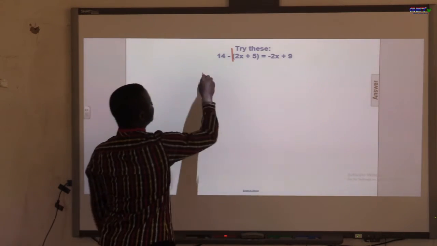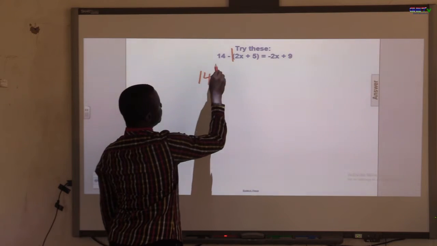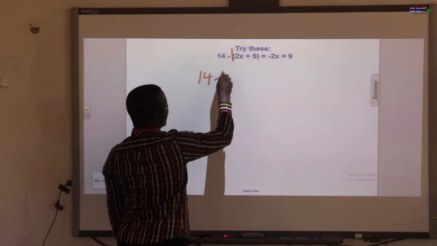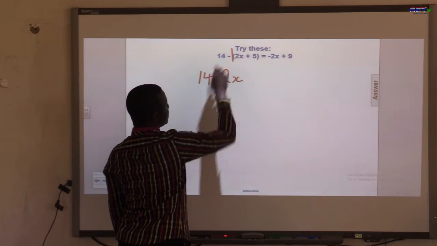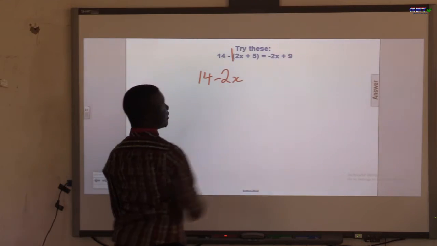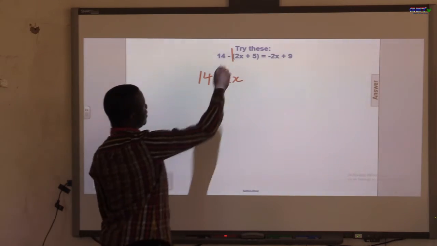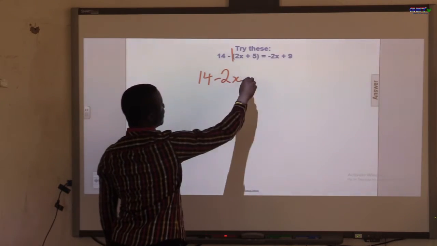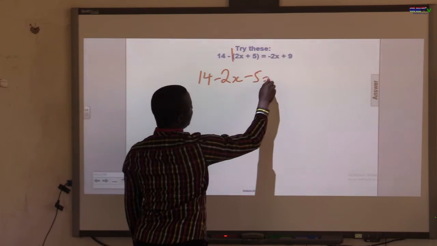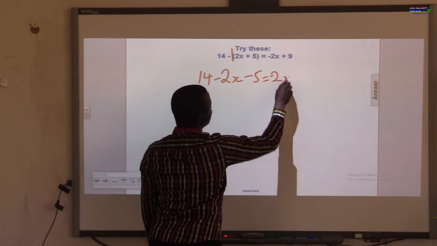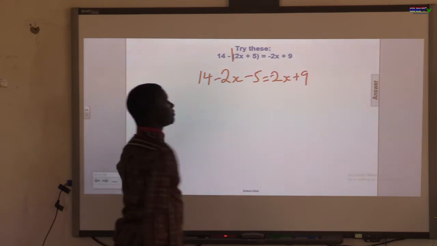Can we do this? We have 14 minus 1 times 2x is minus 2x. Negative 1 times 5 is negative 5, and this equals negative 2x plus 9.